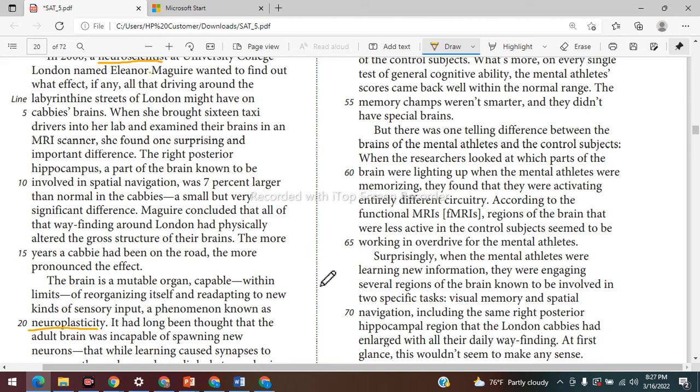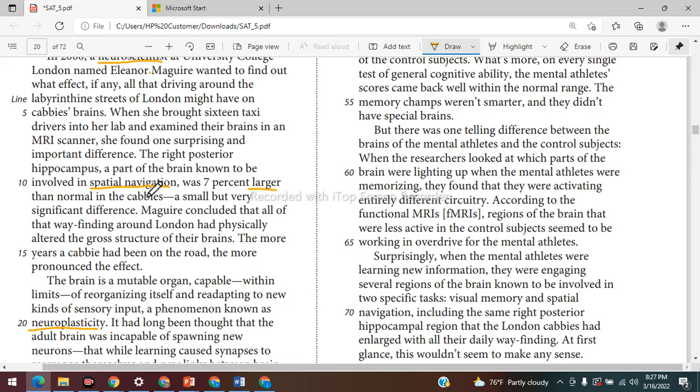It says the right posterior hippocampus, a part of the brain known to be involved in spatial navigation, that's navigating through space and areas, was 7% larger than normal in cab drivers, right?